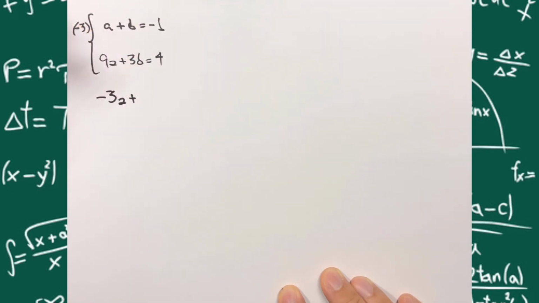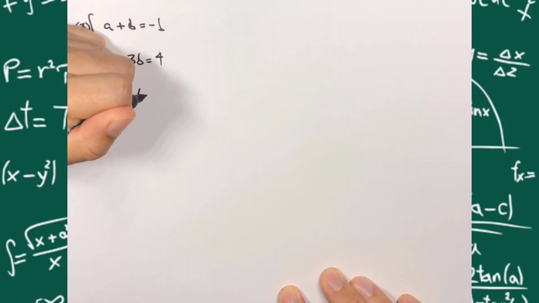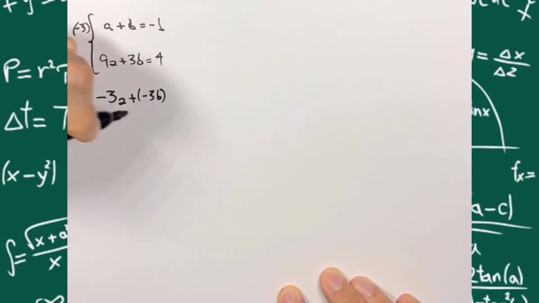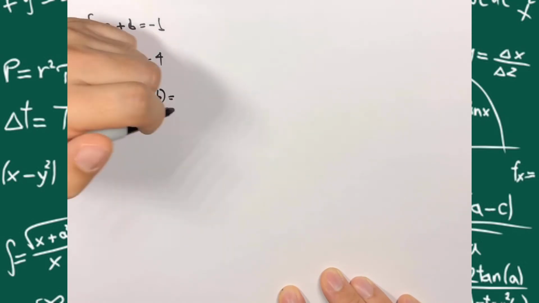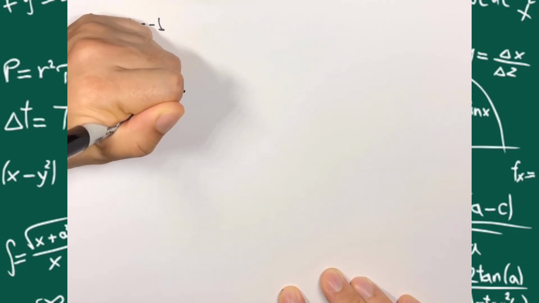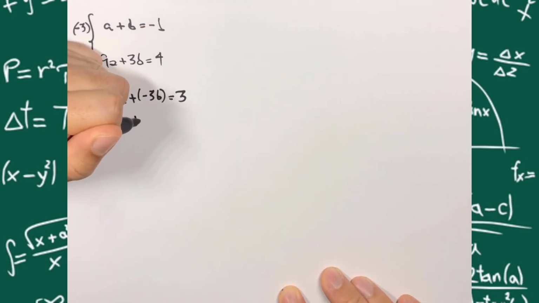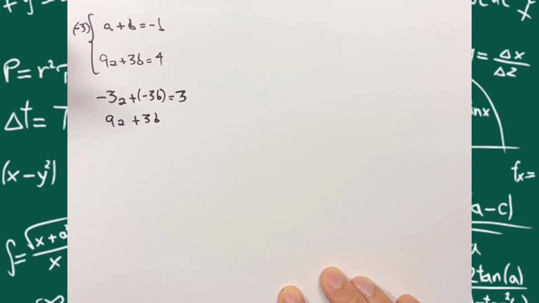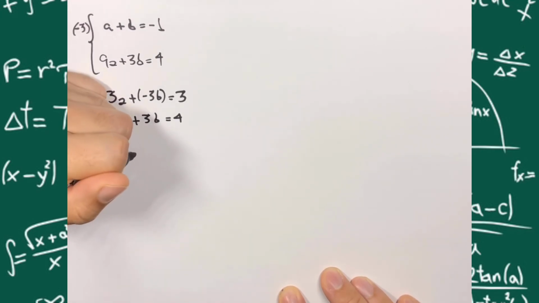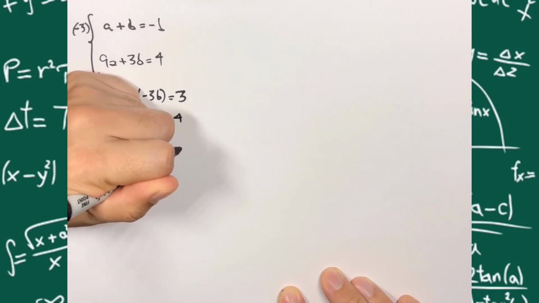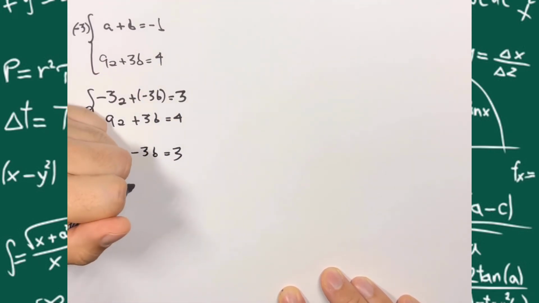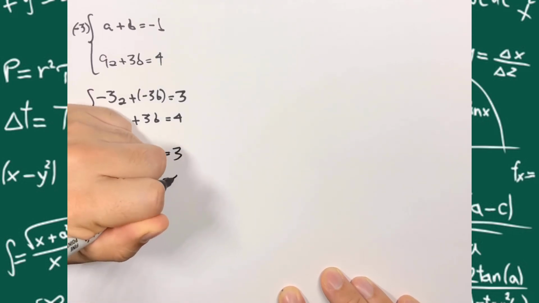Minus 3a minus 3b equals, minus times minus is plus, positive 3 on the right side of the equation. And the second equation is left unchanged: 9a plus 3b equals 4.